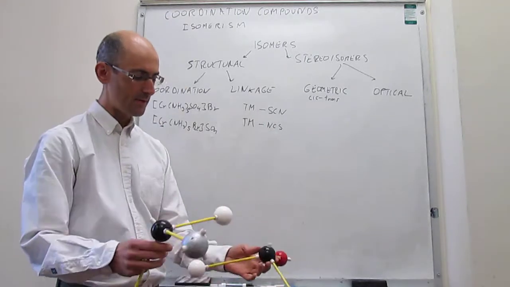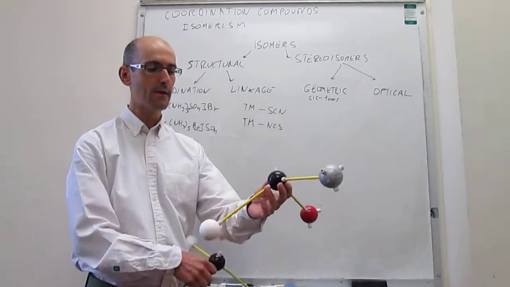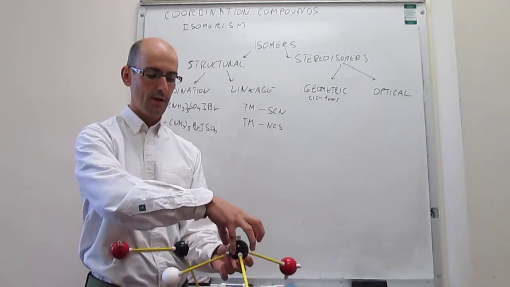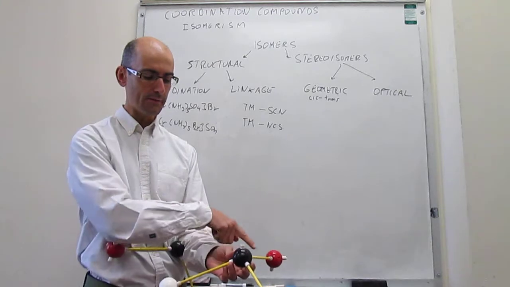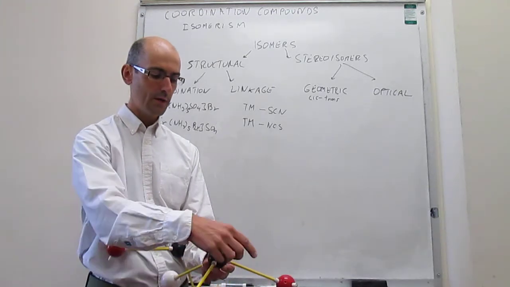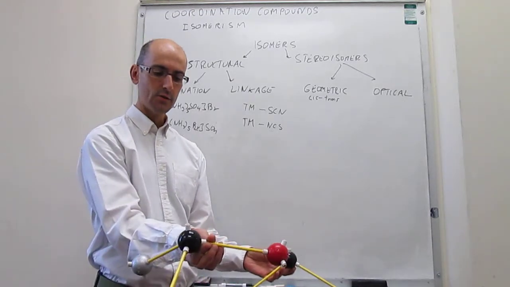Let's think about these models, which are just models of, say, substituted amines, right? So here you'll have a nitrogen atom, and there you will have a lone pair, and each one of the substituents will be different, right? So this may be a hydrogen atom, this might be a methyl group, and that might be an ethyl group. Okay, and you actually have exactly the same substituents here, right?